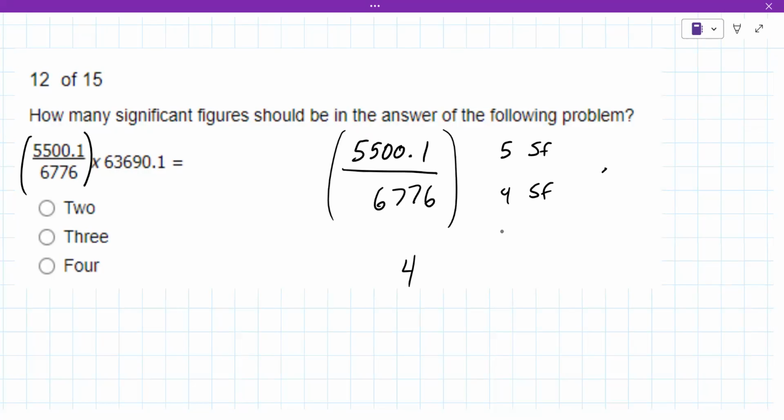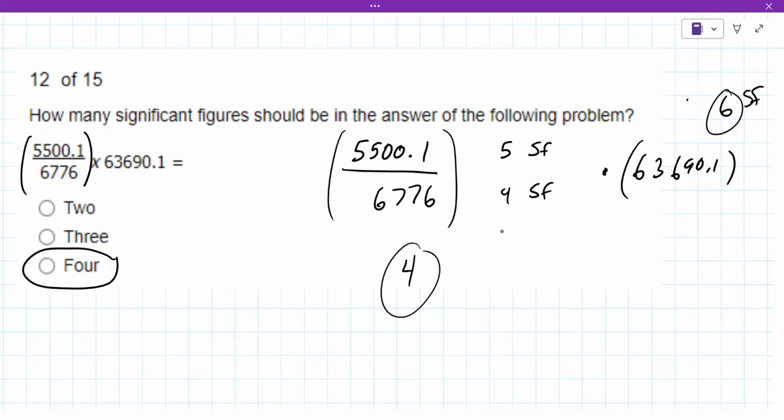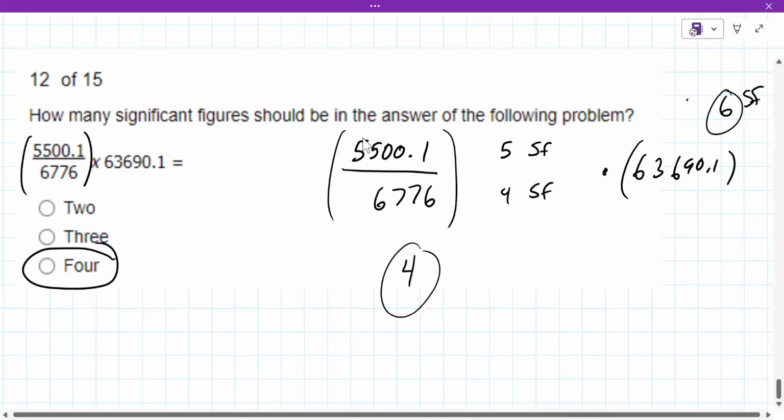And then you're multiplying by 63690.1, which has 6 significant figures. But you're comparing, you've got 4, you've got 6, so you always use the smaller one, which is 4. Now you could just look at the numbers and say, which one has the least significant figures, and go with that. That's also okay.